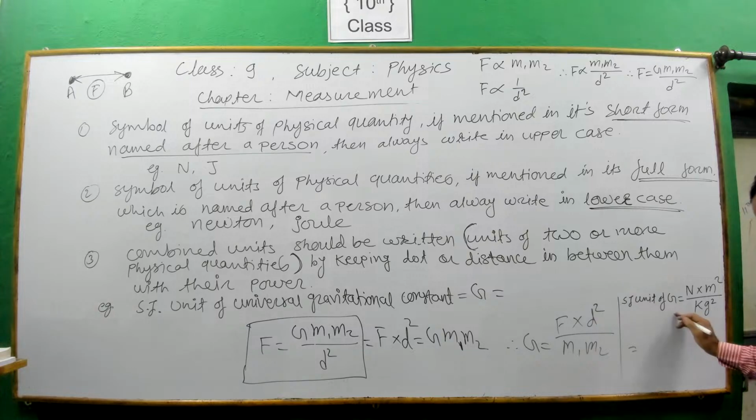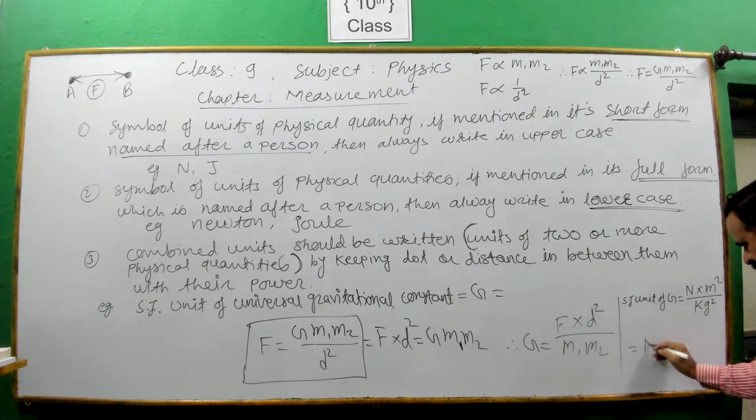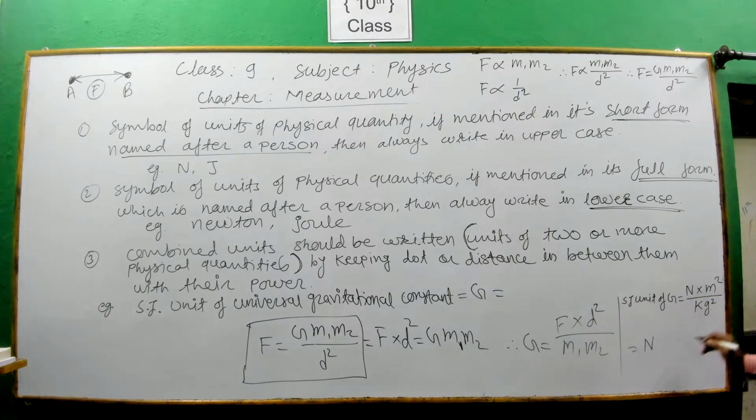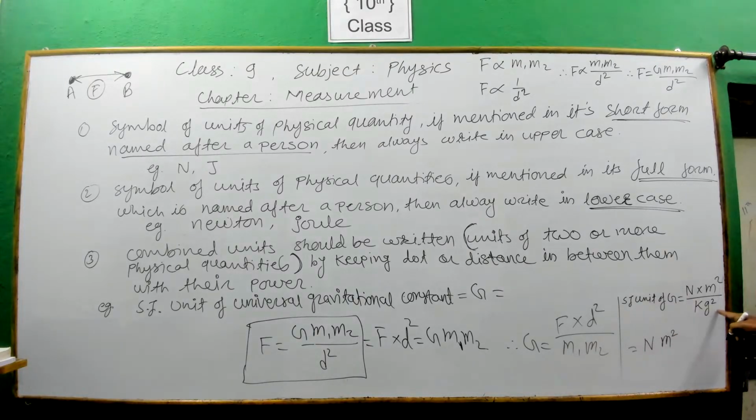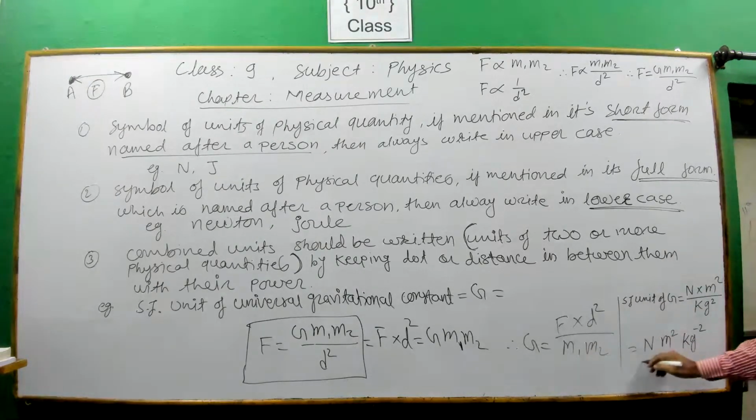SI unit of G is equal to Newton. Keep some distance, meter square. Now bring this kilogram into the numerator position, then that time this plus 2 power will convert into minus 2. Keep some distance, kilogram minus 2. This is called a composite unit. Clear?